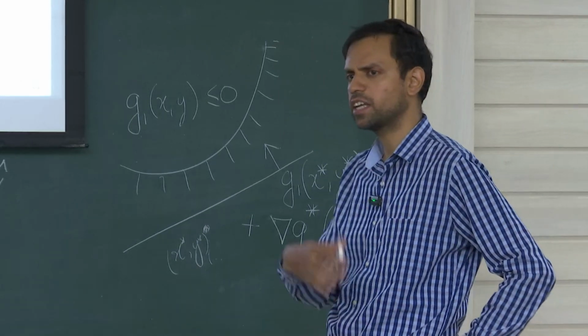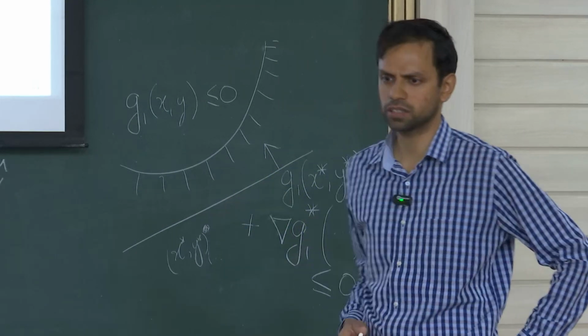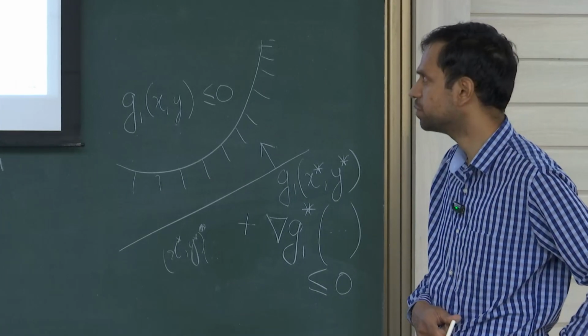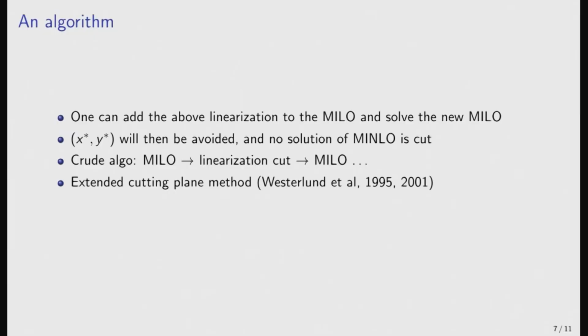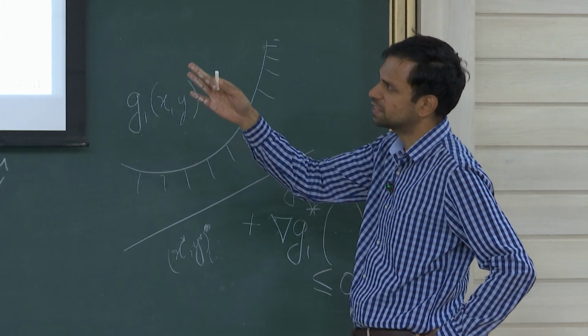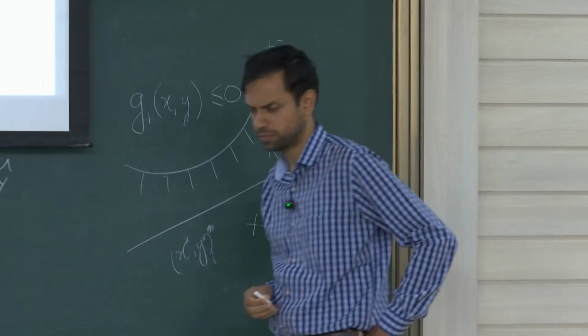This is like a cutting plane method for regular integer linear programs. It has been proposed earlier by three or four studies involving Westerlund, and it is called the extended cutting plane method.